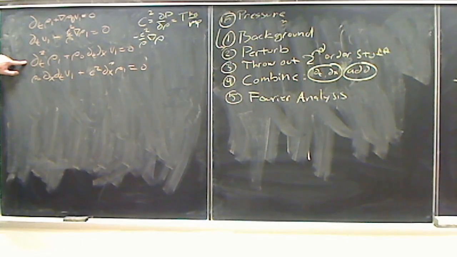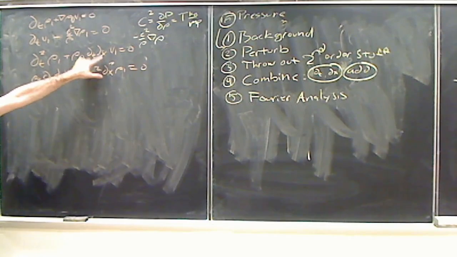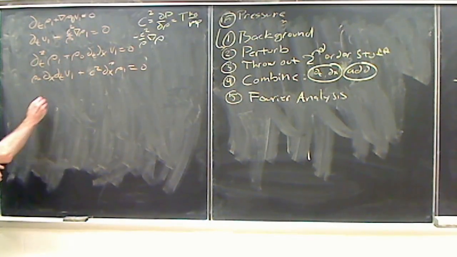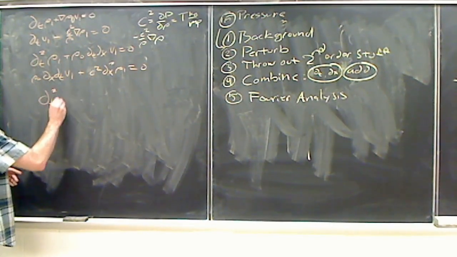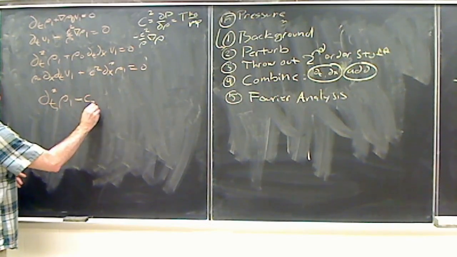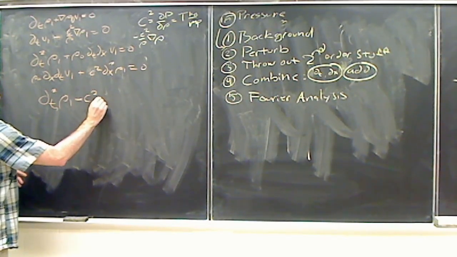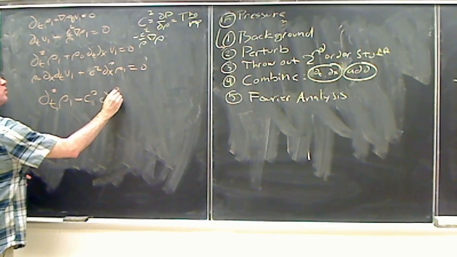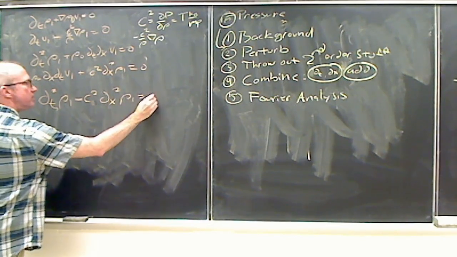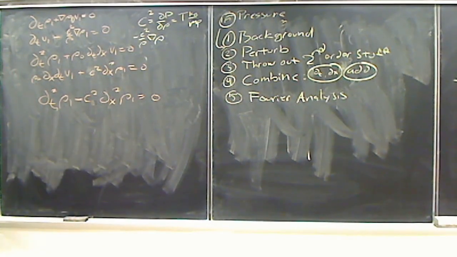So I take the time derivative of this and the space derivative of this, and now I subtract because this term is the same as this term, and I'm left with d by dt squared of rho 1 minus c squared d by dx squared of rho 1 equals 0.